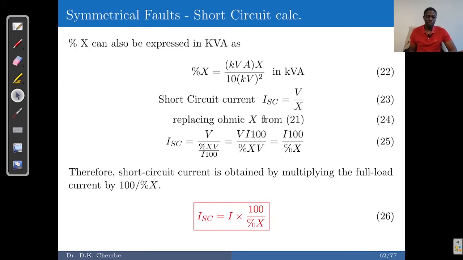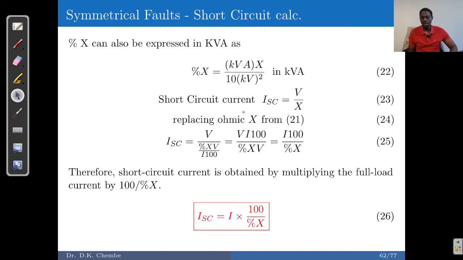When we look at percentage reactance expressed in kilovolt amperes or KVA, the expression of the percentage reactance is going to be the KVA multiplied by the reactance in ohms per phase, over 10 multiplied by the kV squared. This is what you obtain when you calculate the percentage reactance in KVA.